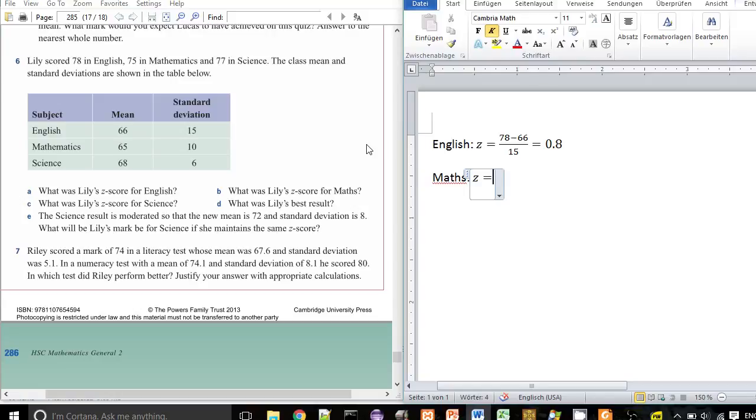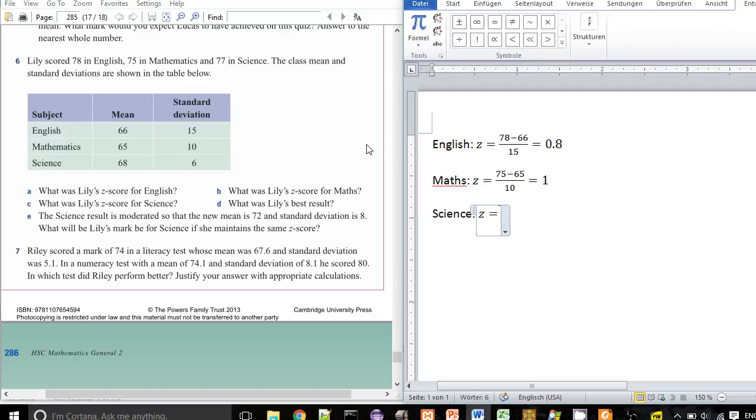Okay, Z score is 75. Wait, 75 minus 65 compared to the 10. Okay, that's just 1. I'm pretty sure, because she's just 10 above. It's funny, I don't know if they're just trying to be positive about this stuff, because everyone seems to be above average. There's not many below. Okay, she's below for this one.